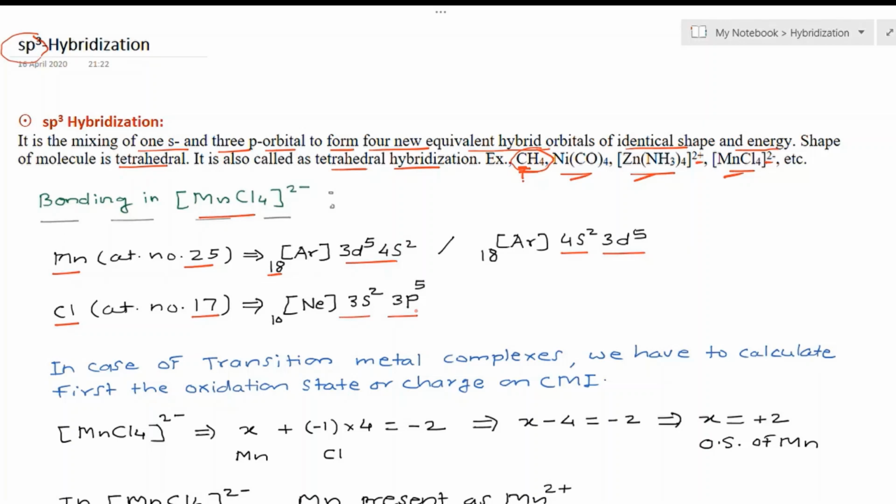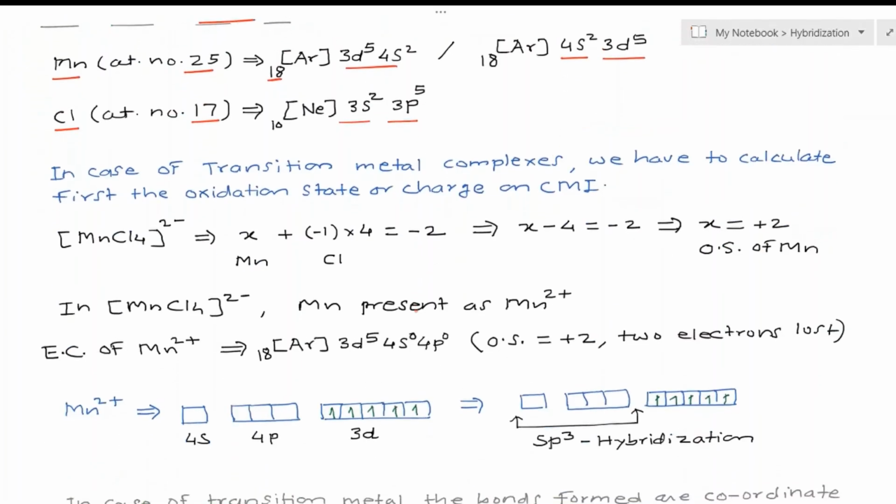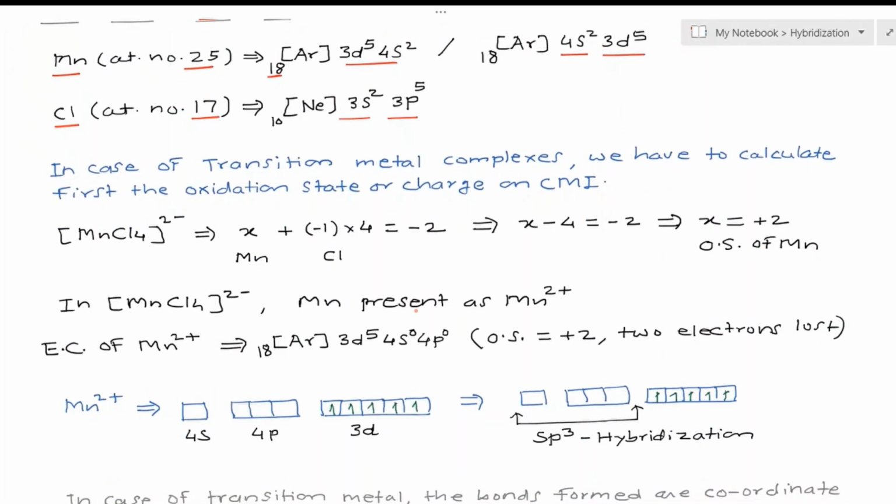If a transition metal complex is there, you have to first calculate the oxidation state or charge on the central metal ion. We will calculate it like this.